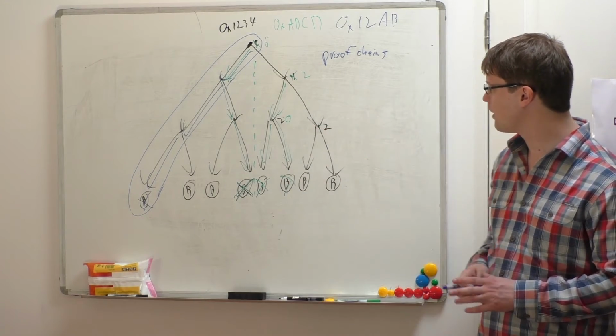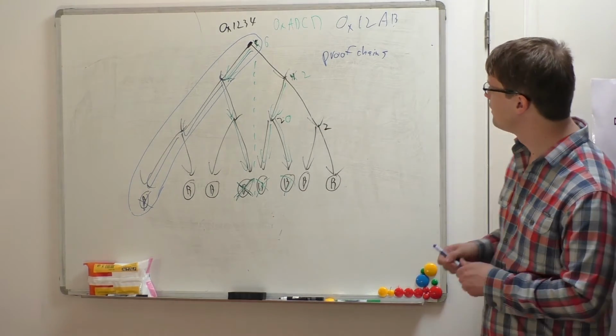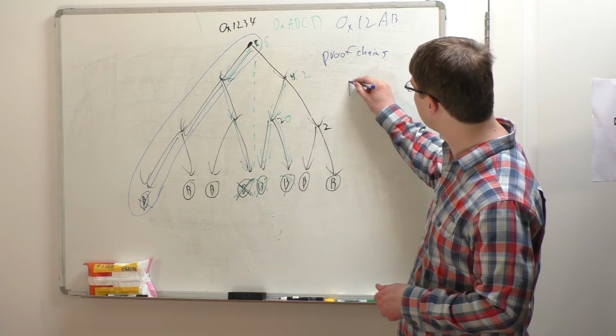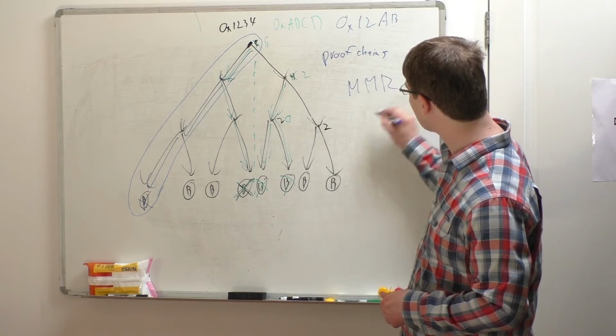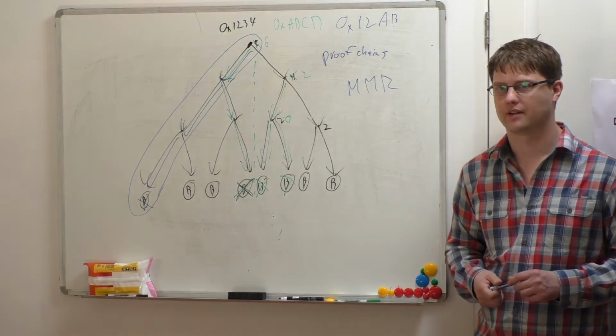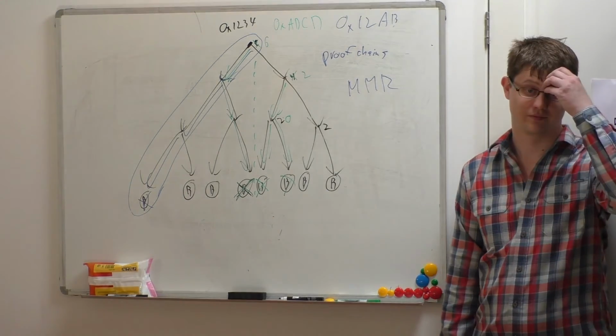In this particular thing, there's something a little more complex called an MMR, or Merkle Mountain Range. But it's all very new.